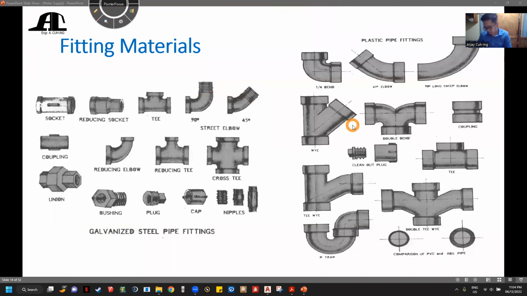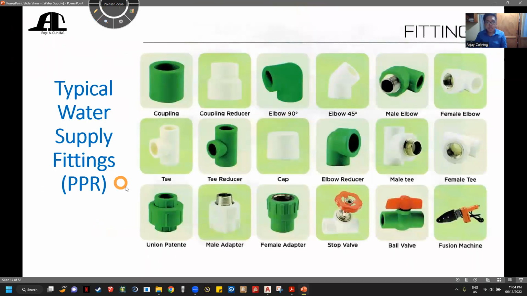Okay? Tapos we push through, we have these fittings for PPR. Okay? So PPR, kung titignan nyo, meron silang ganyan. May mga iba-iba sila. So they have also fittings with threadings. Okay?